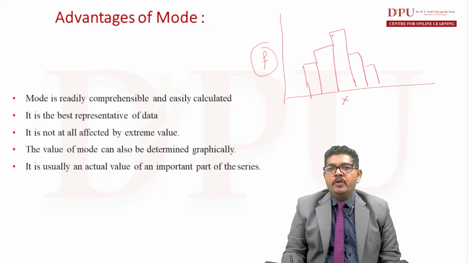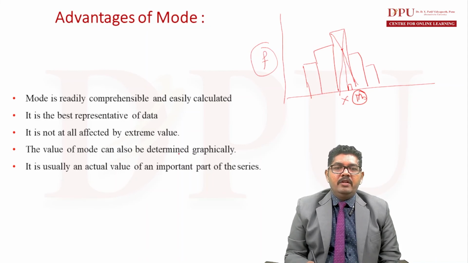So what we do, we connect the corners of this particular bar diagonally like this, and then we take the projection of this intersecting point on the x-axis, and this will give us the value of the mode on the x-axis. So this is the graphical method of obtaining the mode value.